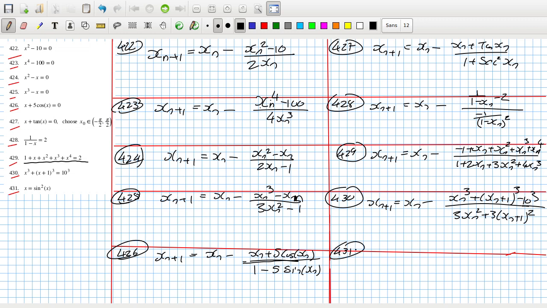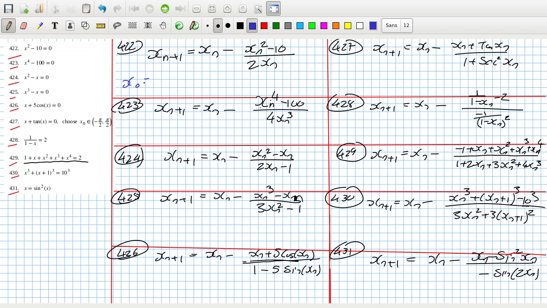And 431: x_{n+1} = x_n minus sine squared x_n all over the derivative of sine squared, which is 2 sine cos, so that's sine 2x_n.